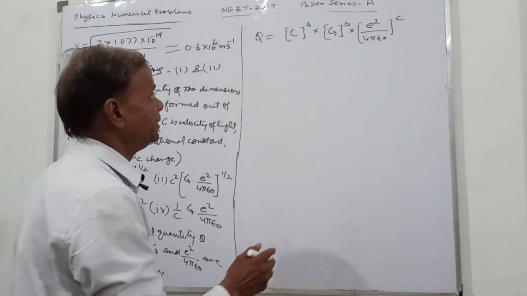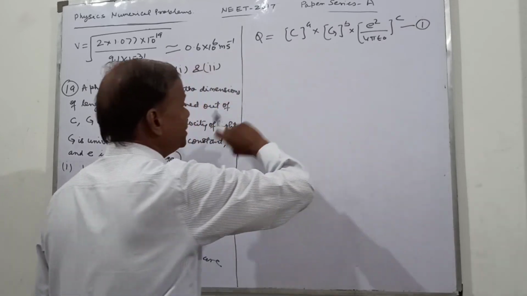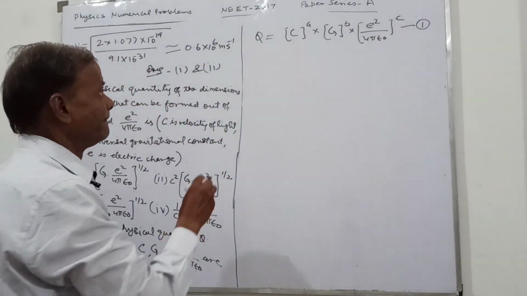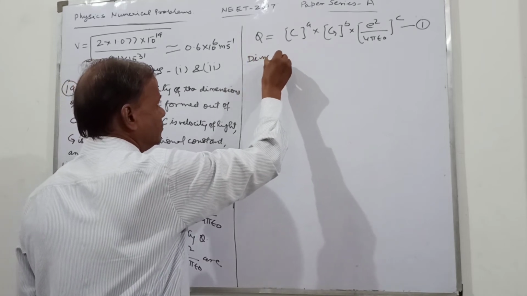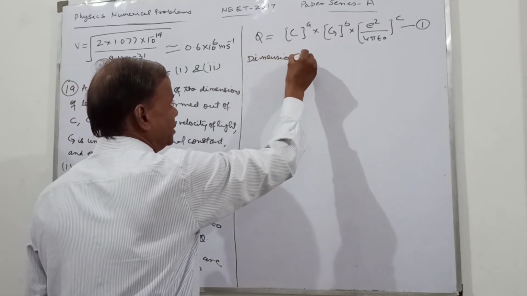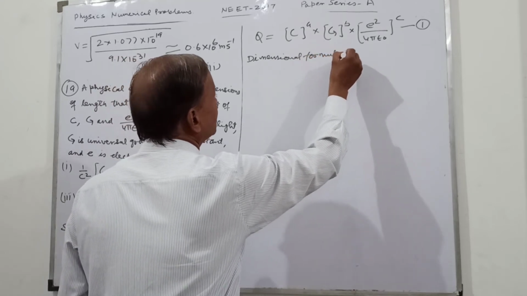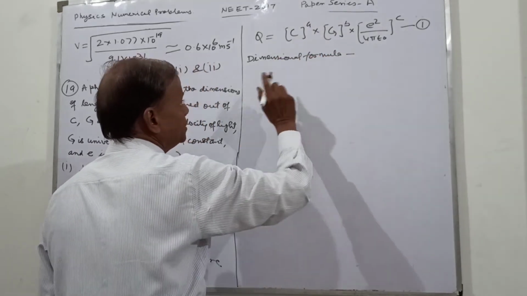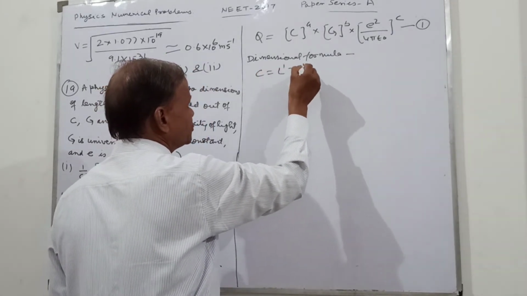So now we have to find the dimensional formulas of C and G. Now this C is L1 T minus 1.